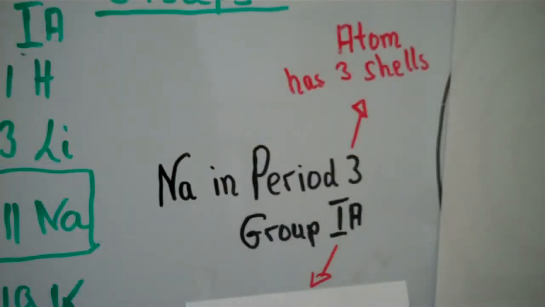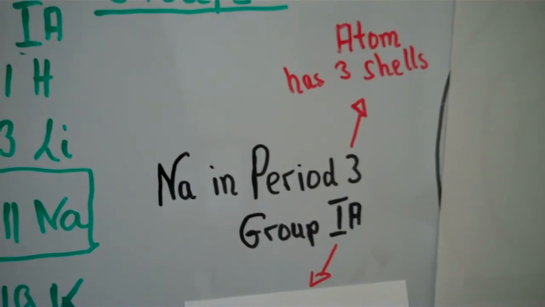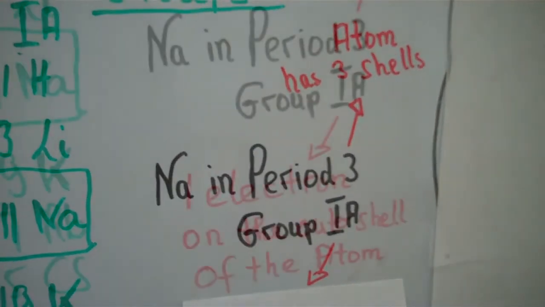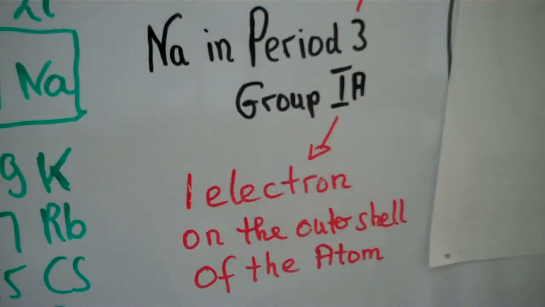The fact that Na is in period 3 means the atom of Na has 3 shells in which you can find electrons. And what does it mean that it is in group 1A? This means that there is 1 electron on the outer shell of the atom.